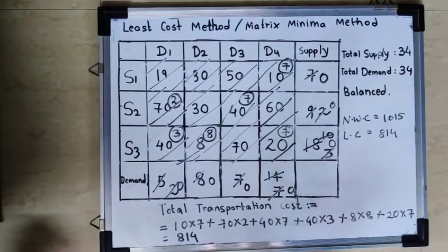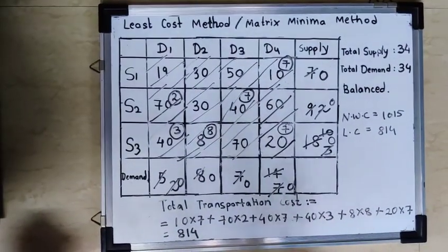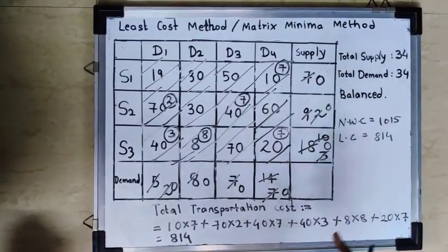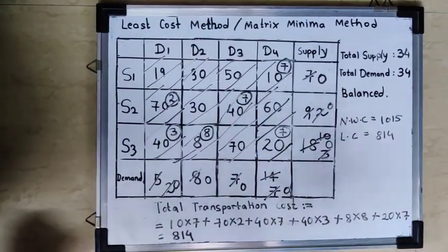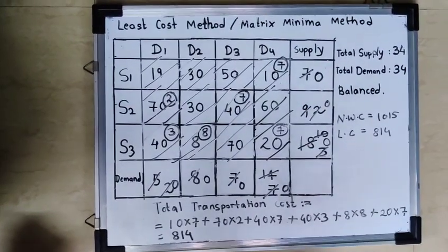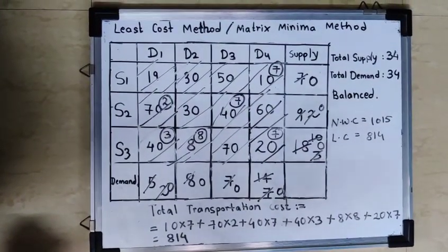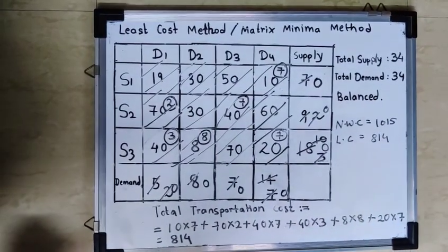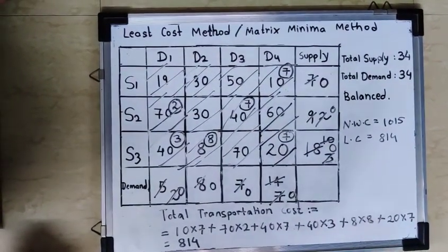That means the least cost method is more optimized and more useful than the northwest corner method, as the aim in the transportation problem is to minimize the transportation cost, which is done better using the least cost method.